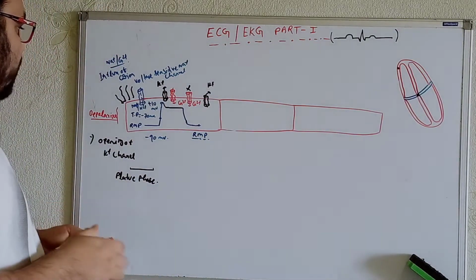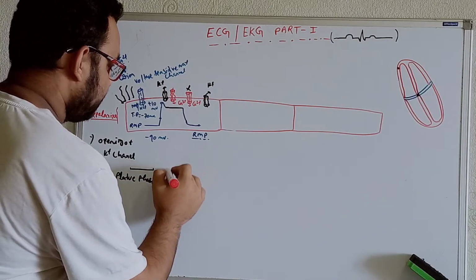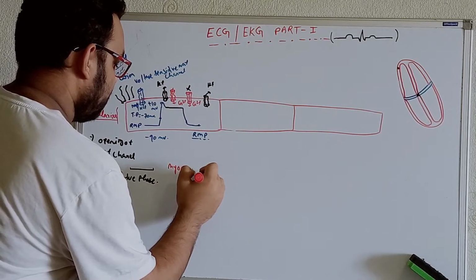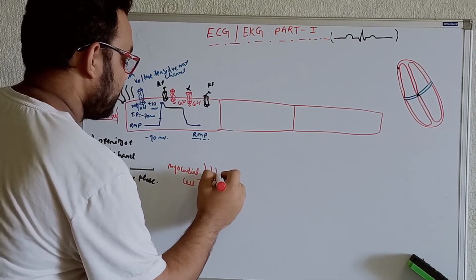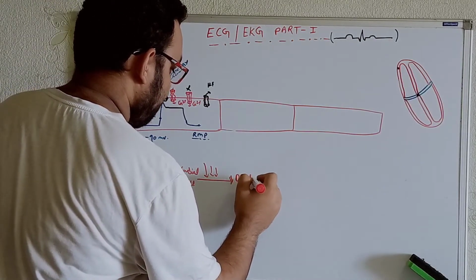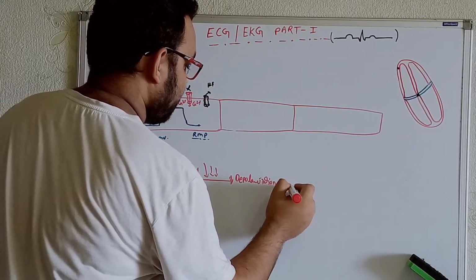So, what did I tell you up to now? For example, it's the myocardial cell. On proper stimulation, at first we are getting the depolarization, followed by repolarization.